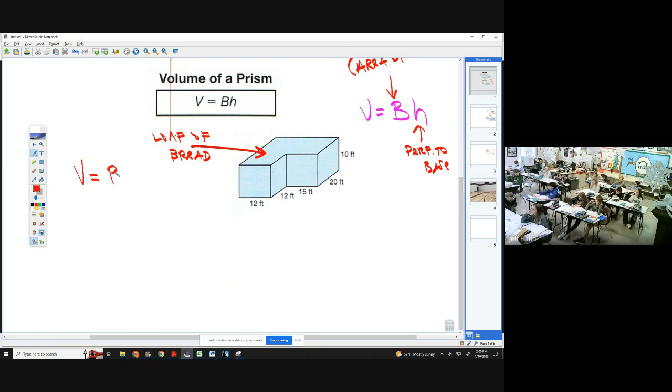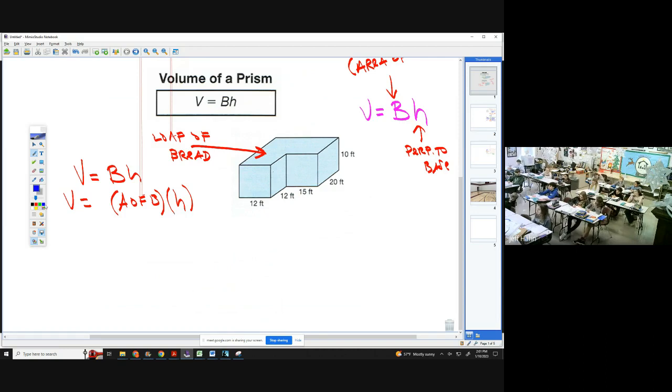Volume equals B times H. I'm then gonna rewrite this as the area of B times the height. I'll skip a little step. And it's at this point, ladies and gentlemen, I would do the easiest thing first and write down what the height is.